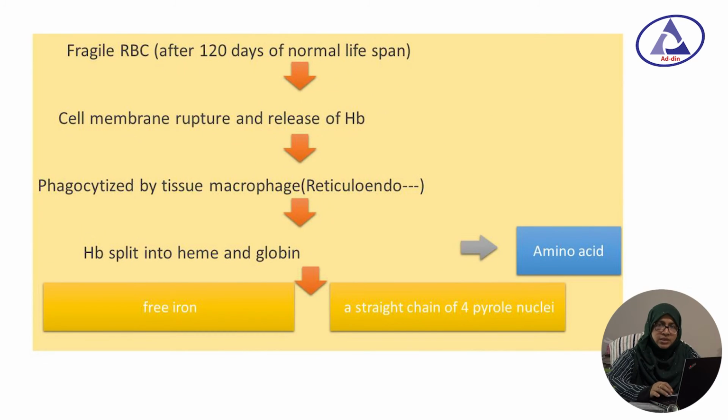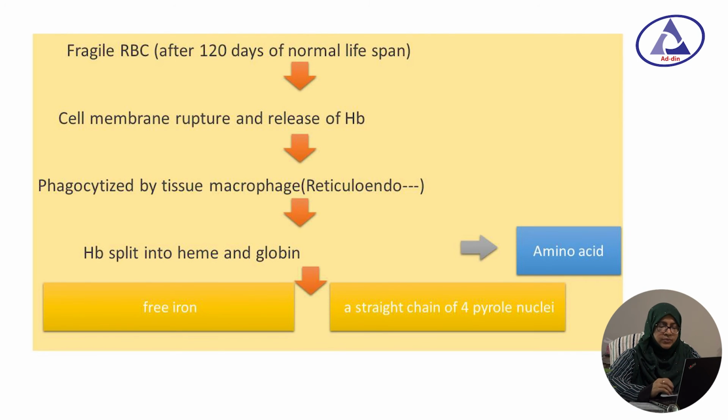Let us discuss the fate of RBC in a flow chart. Firstly, fragile RBC after 120 days of normal lifespan, cell membrane ruptures and releases hemoglobin. Then it is phagocytosed by tissue macrophages, that is the reticuloendothelial system. Then hemoglobin splits into heme and globin portions.